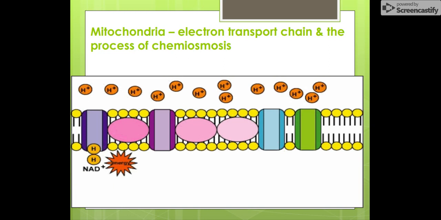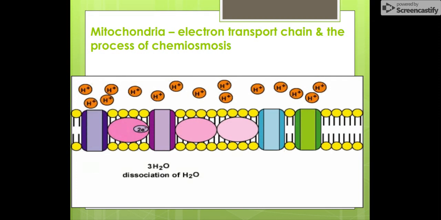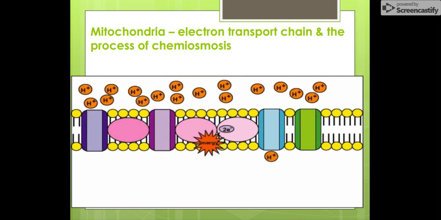Okay? So we have our NADH taking these hydrogen ions with that energy from the electrons, pumping them to the inner membrane. And we keep doing this process, where we keep pumping these hydrogen ions across, so that when we're ready, we pump them through the other way and get the energy.